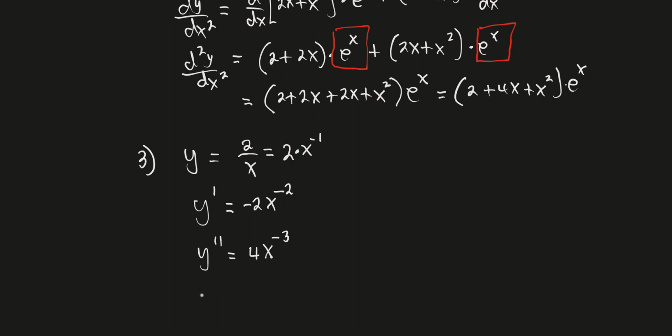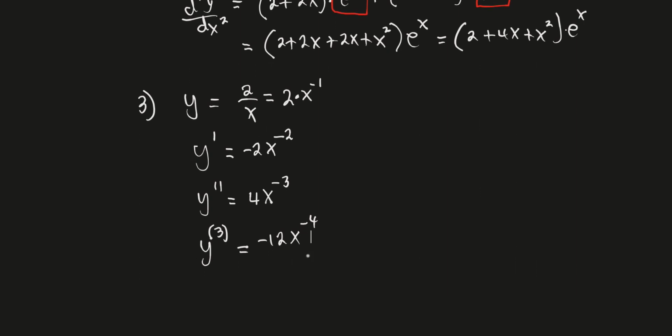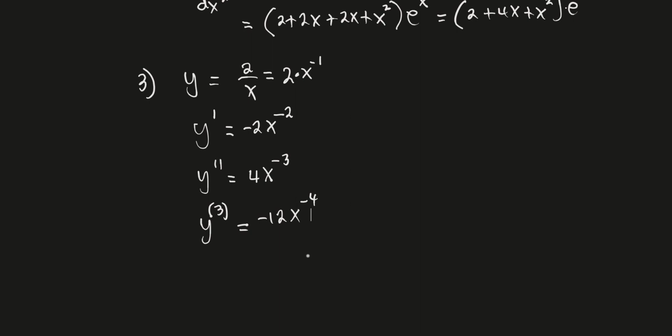So the third derivative, and what I will do, I will switch over to that alternative notation, but then put the 3 in parentheses to indicate that it's differentiation that we're doing. And then bring down the negative 3, so that's negative 12, and then we have x to the negative 4. And this is one that could go on and on and on, but the difference with this, as opposed to the polynomial example that we saw earlier, is that these terms will never get to 0.